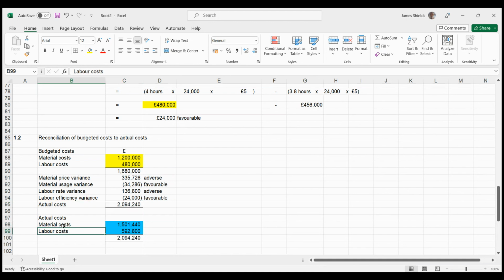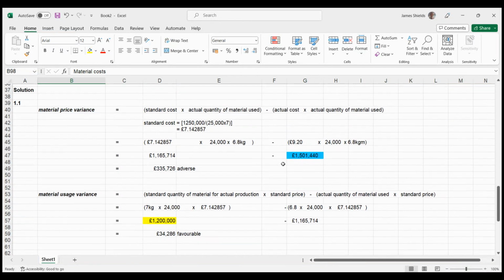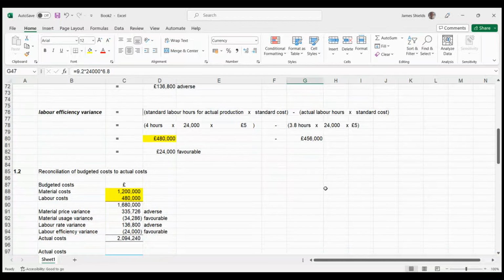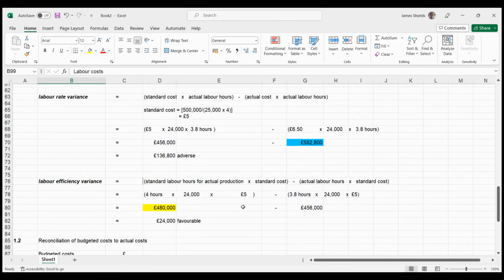So the actual material costs, if I go back to the question, again, the material price variance, the actual cost times the actual quantity of material used came to £1,501,440. So that's my material cost, the actual cost of material. Now the actual cost for labour.